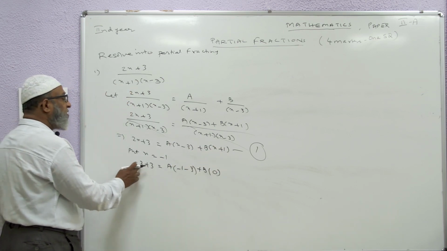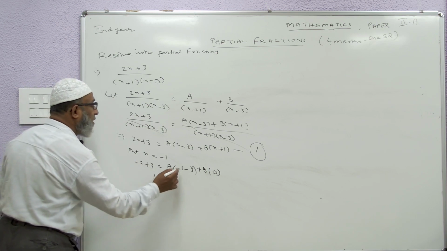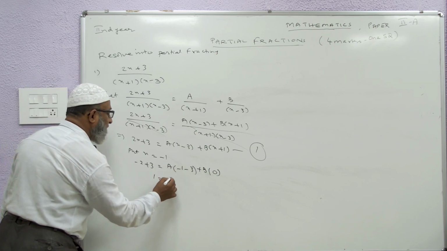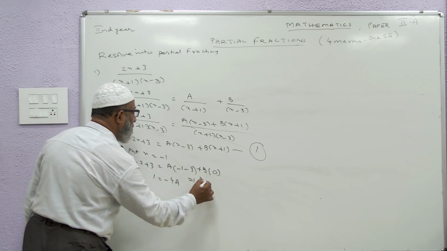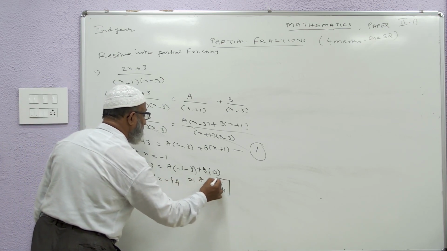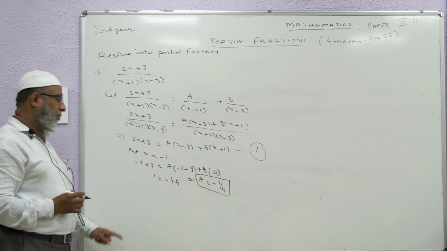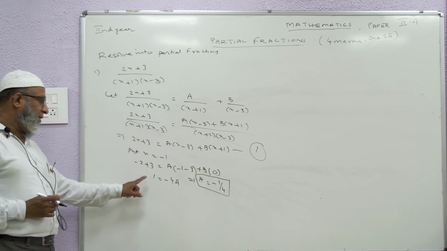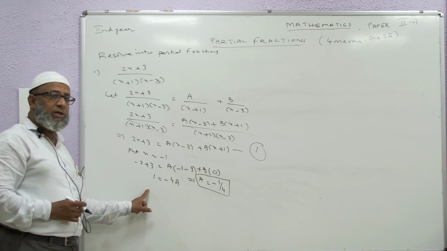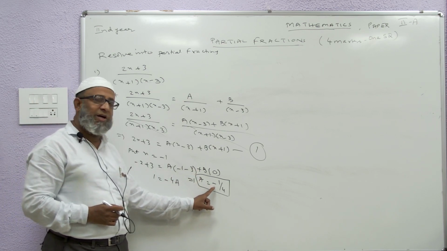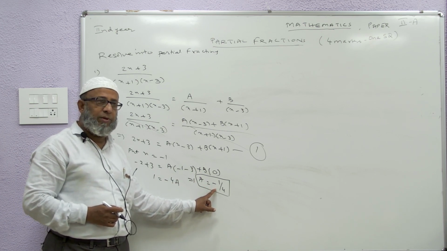So this gives me 3 - 2 = 1. -1 into -3... -1 - 3 is -4, so -4A. If I transfer it to the denominator, it becomes -1 by 4. The value of A is equal to -1/4.